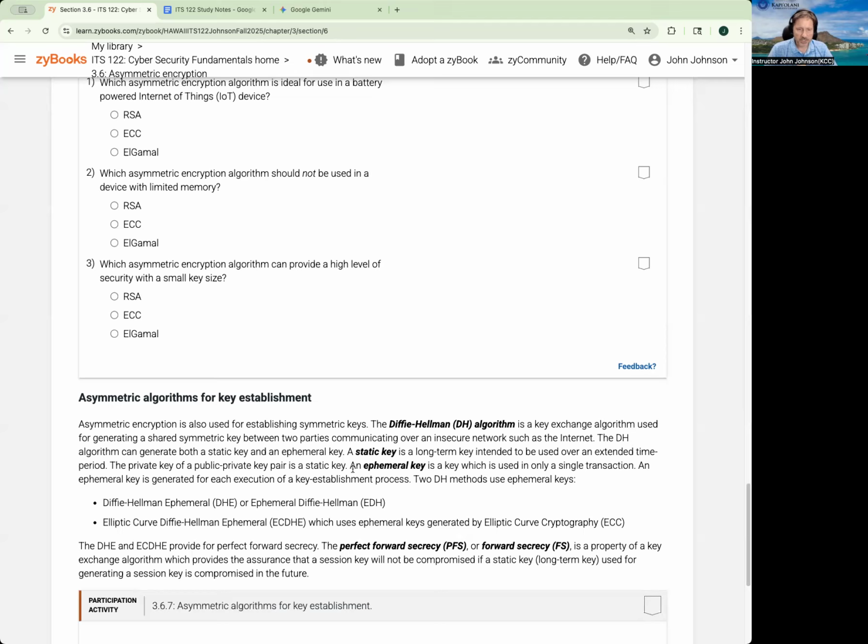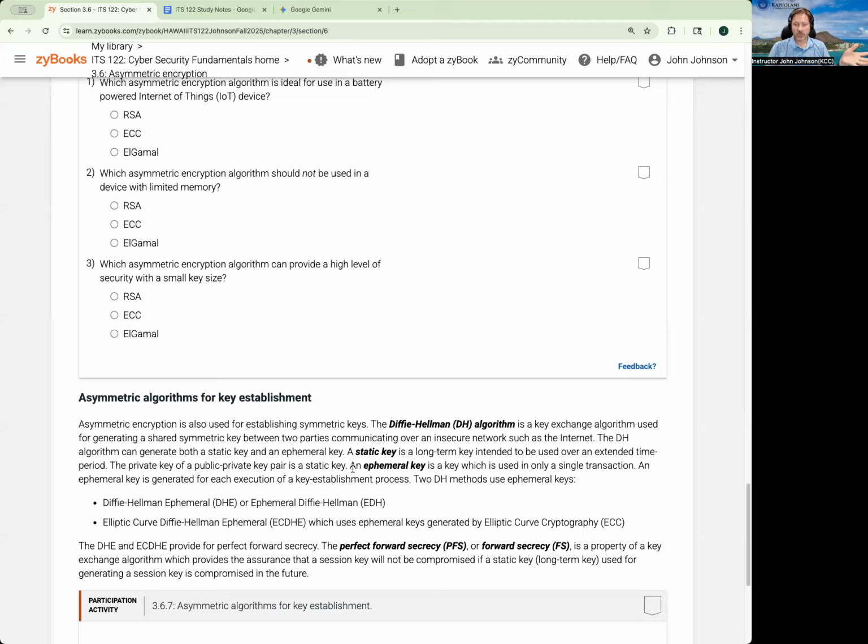So DHE and ECDHE provide something called perfect forward secrecy, and that's really important because perfect forward secrecy is a property of a key exchange algorithm which provides the assurance that a session key will not be compromised even if your static key, the long-term key that was used to generate that session key, is compromised in the future.